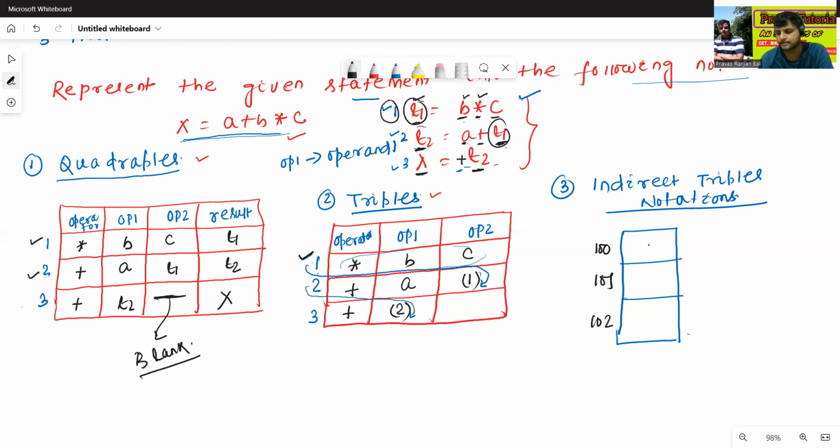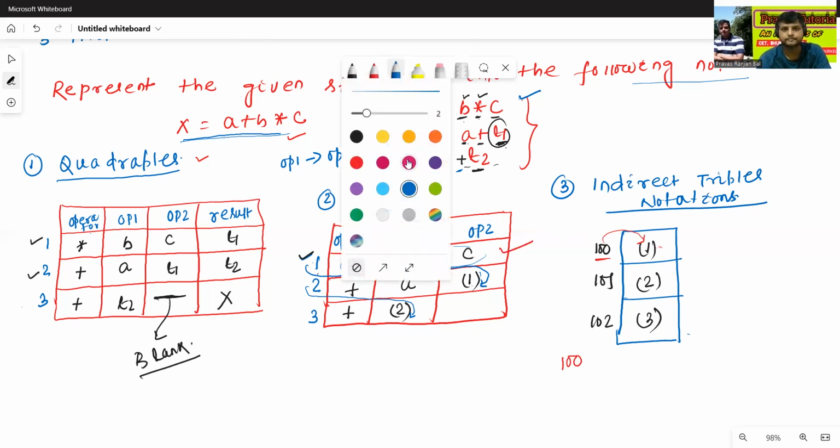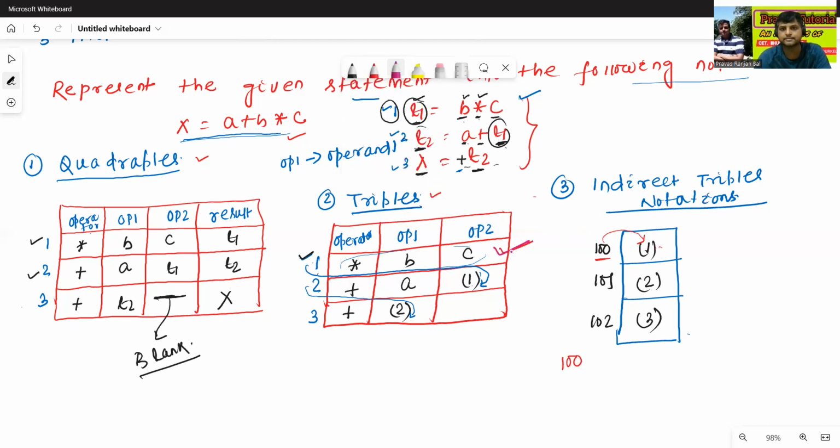So this is 1, 2, 3. In this way we can write. That means when we access this 100, it will connect to the first reference, and the first reference means it will access this one.